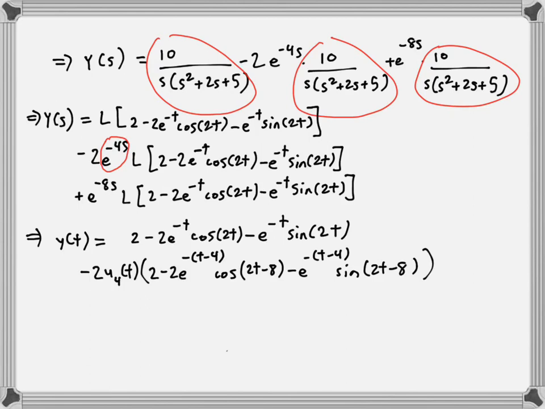So now I have to do it one more time because this time I'm shifting this way. I'm shifting 8 spaces. So this is going to be plus u8 of t. And then what's left? Now every t I see, I have to replace it with t minus 8.